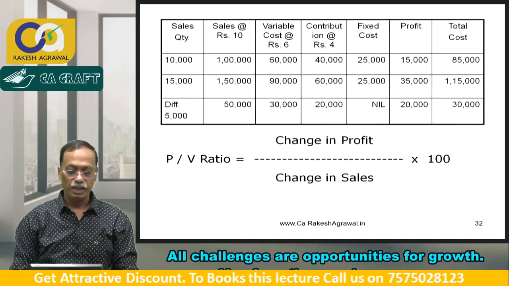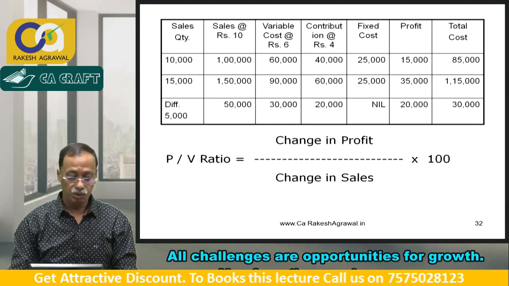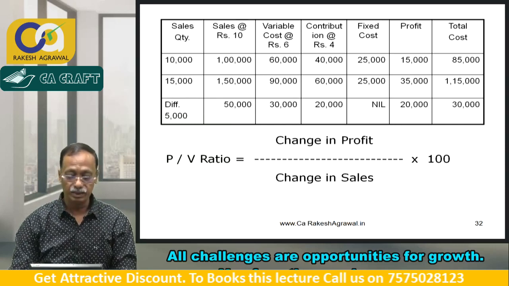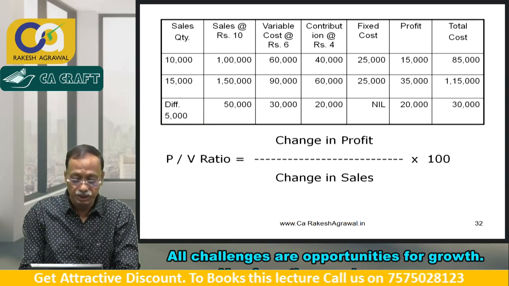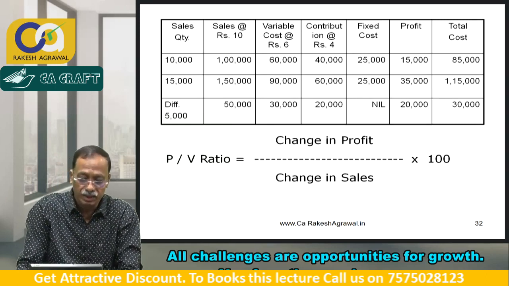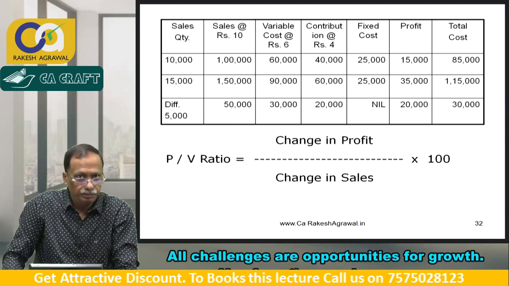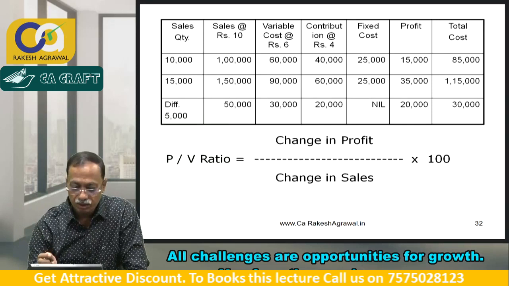PV ratio. Write down. PV ratio is equal to change in profit upon change in sales into 100. Now substitute the data.